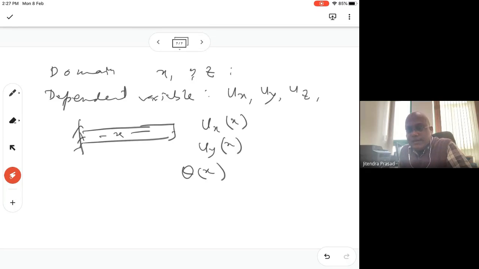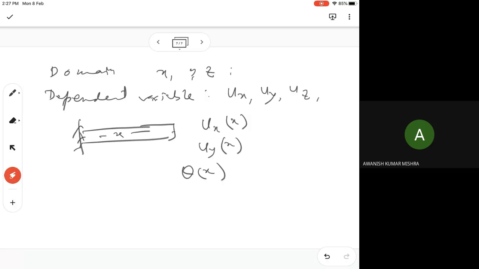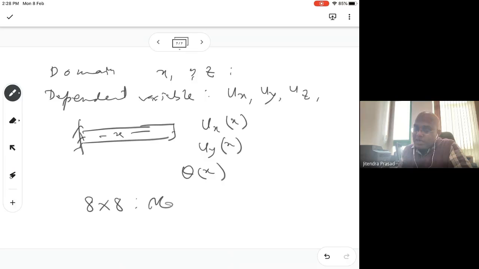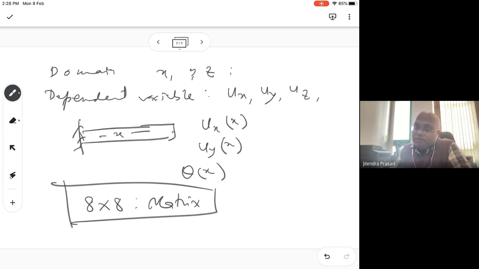Sir, basically, if we have an 8 cross 8 matrix, so how can we solve it analytically? There are nearly 64 elements. Actually, I don't expect that you will solve this big problem by hand. So you will use a computer.